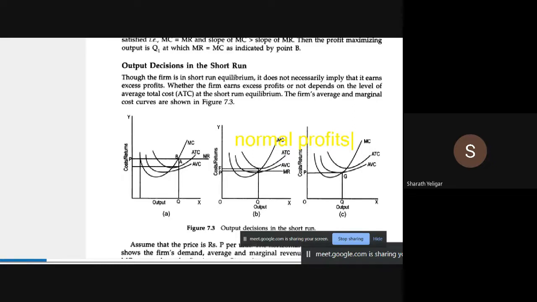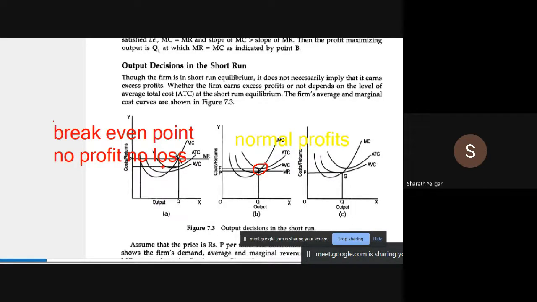So when price is equal to only ATC, there is normal profit. This point is called the break-even point. This is the point of no profit, no loss. It's called the break-even point. Understood?